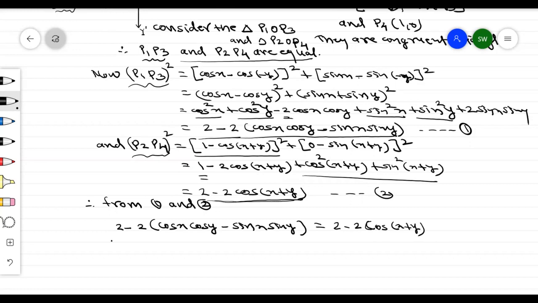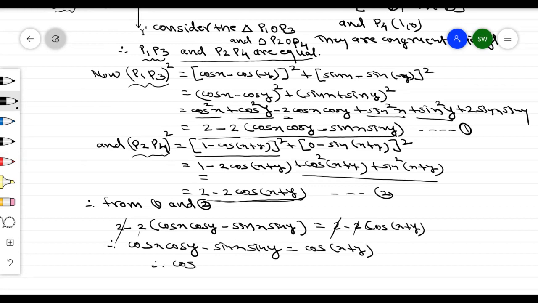Okay, hence, cancelling this 2, and this 2 also, minus 2 minus 2. So we get cos x into cos y, here you get minus sin x into sin y, and here you get cos of x plus y.